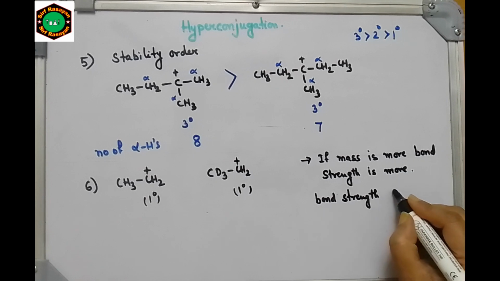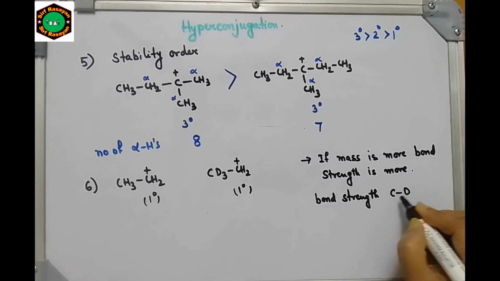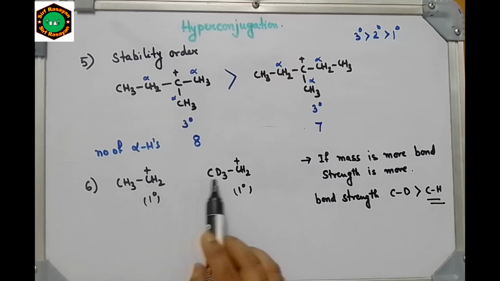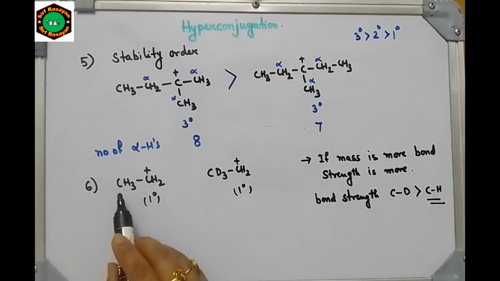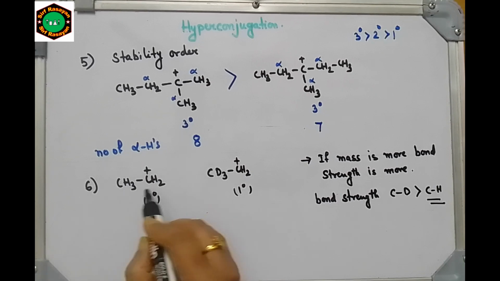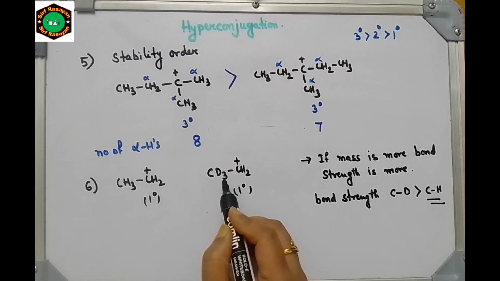Bond strength. This is more stronger bond than CH bond. CH bond is weaker than CD bond. So CH bond cleavage is much more easier than CD bond cleavage. So here hyperconjugation is more than this one.